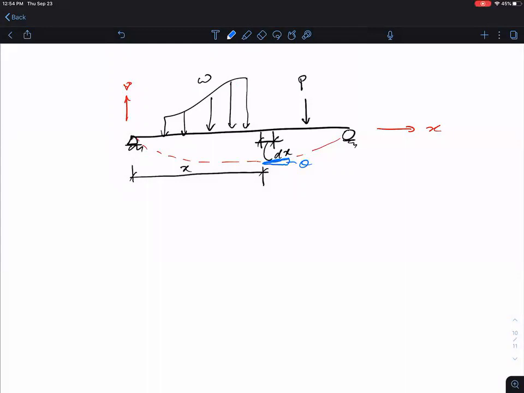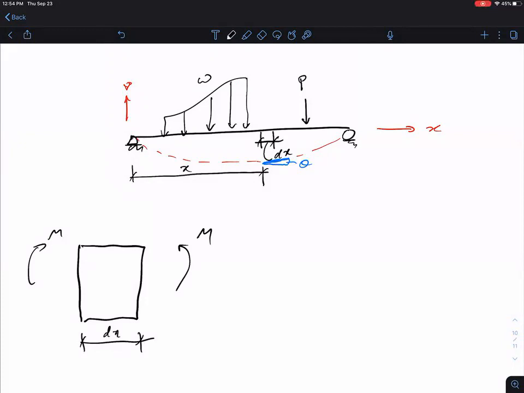Now let's look at this particular segment both before and after deformation. So we'll draw the before case on the left. So again, the length of the segment is dx. We'll assume that the moments are positive. We're also going to draw the location of the neutral axis.